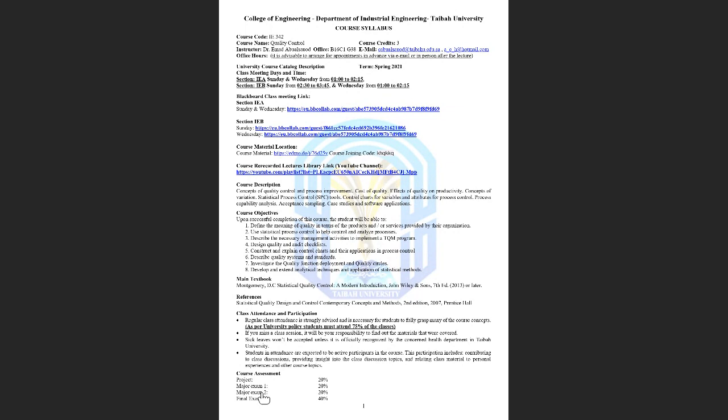It is also worth 20%. You have to do a presentation and a report for that project, and there is a rubric for how you will be graded, whether on the report or the presentation. You are going to be divided into groups.